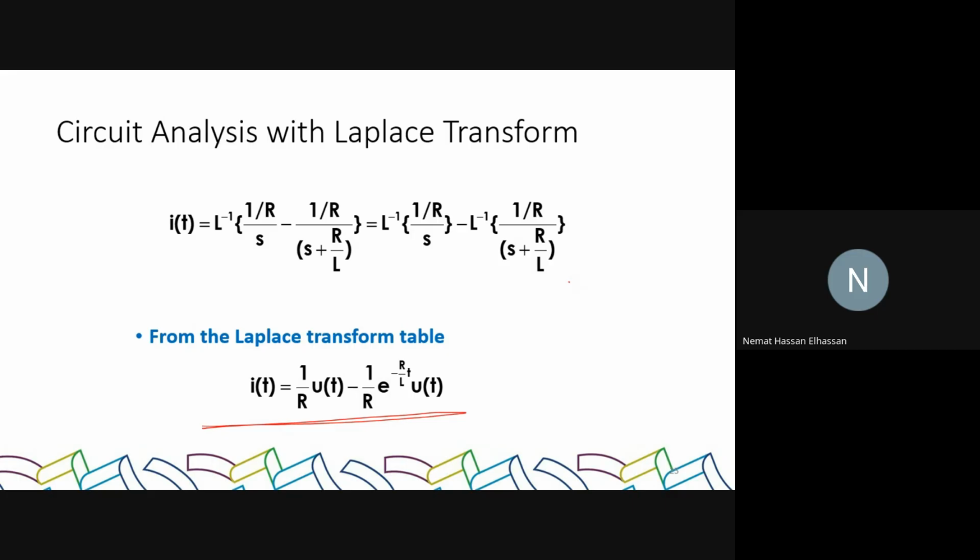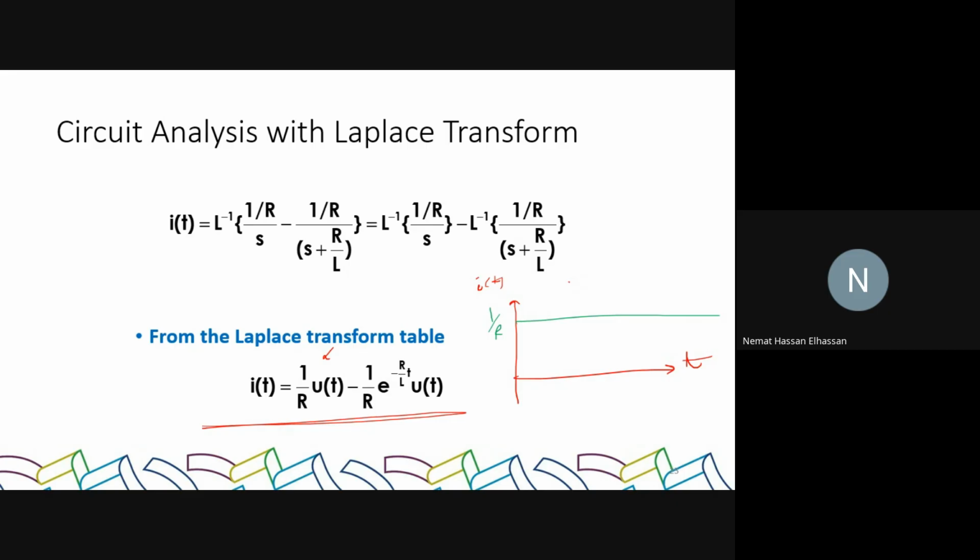This is t, and this should be i of t. It would look like what? 1 over R times u of t is what? It's a constant line at height 1 over R, right?